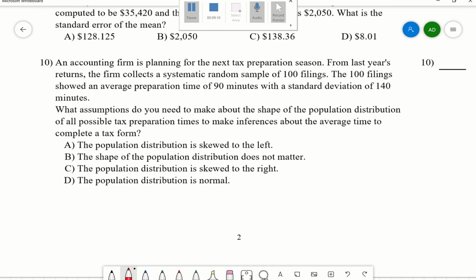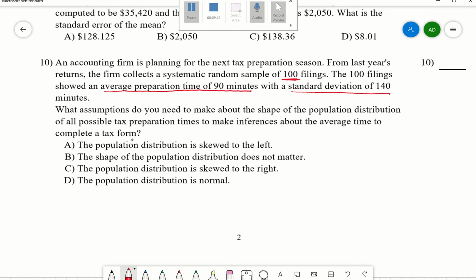Number 10, okay, this one is interesting. So this one talks about those two side-by-side comparisons I did. You have a variable and you have another variable which is the mean of it. So in this one, an accounting firm is planning for the next tax preparation season. From last year's returns, the firm collects a systematic random sample of 100 filings, and 100 filings showed an average preparation time of 90 minutes with a standard deviation of 140.